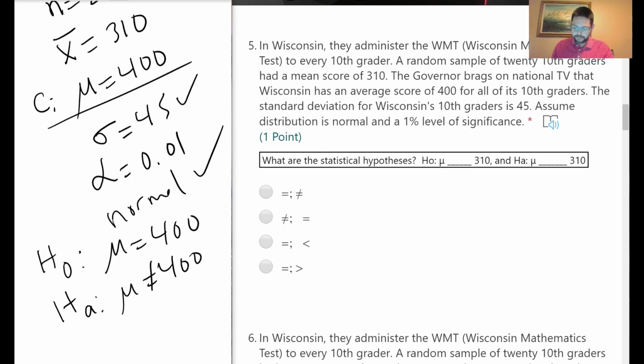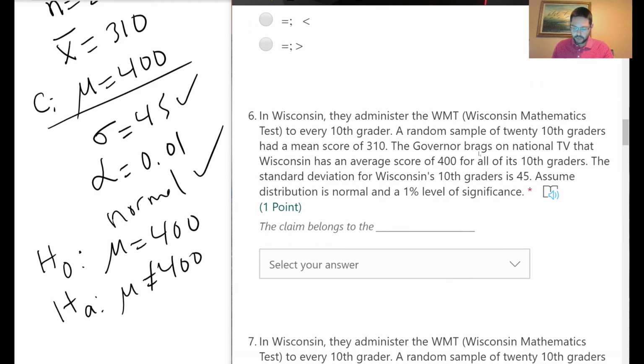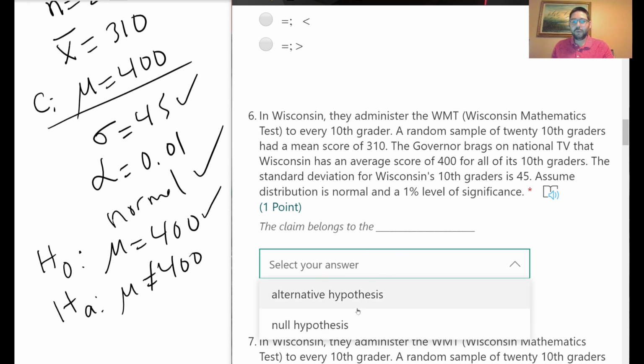So it's going to be mu is equal to for H0, but not equal to for HA. So that's the second, or the first answer choice. Now, we just said that the claim belongs to the null hypothesis, since it's a statement of equality.